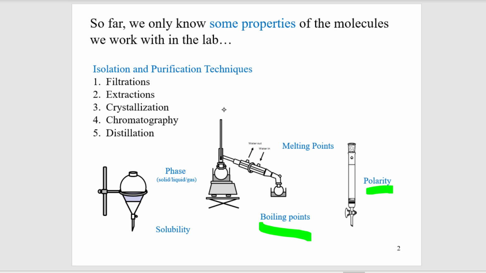You can use phase: do you have a liquid and a solid, which you can filter? Solubility becomes an issue as you guys move to extraction chemistry later on. Does the molecule dissolve in a water layer, or does it dissolve in an organic type of solvent? So a lot of these techniques are used to purify your compound, right? Once purified, then you can do identification techniques on the molecule.